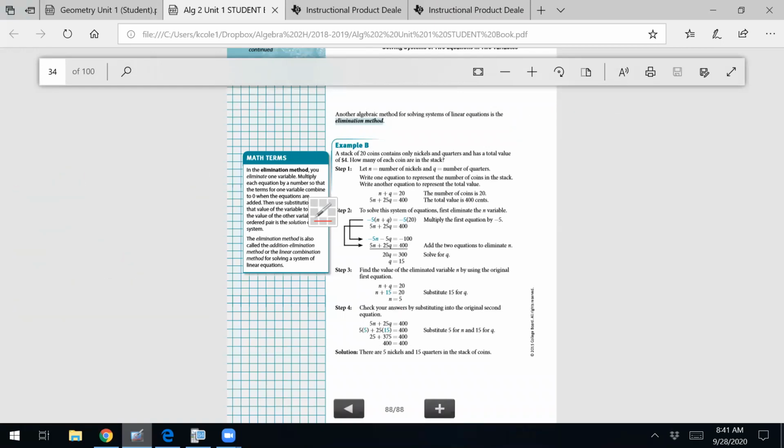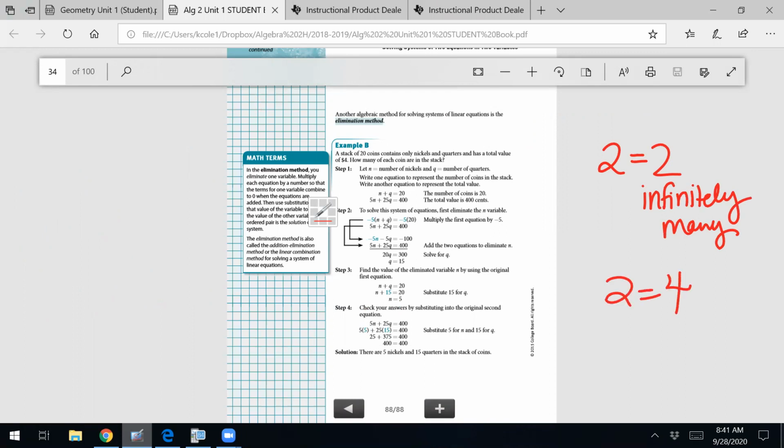So when you're solving, the x's are going to cancel out, and you'll end up with 2 equals 2, which is a true statement. If that's what you end up with, then that's going to be infinitely many. If the x's and y's cancel out, everything's gone, and you end up with a false statement, then that is no solution.